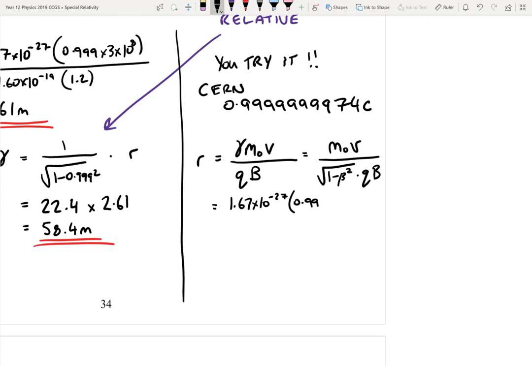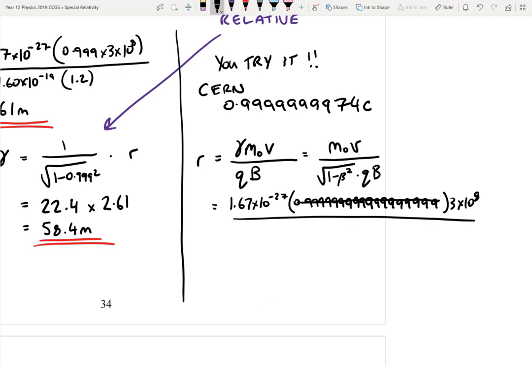Now, some snarky student said you could just use 3 times 10 to the 8. It's not going to be significant, but write it down anyway. You could almost get rid of it, but what you can't get rid of is the Lorentz factor.